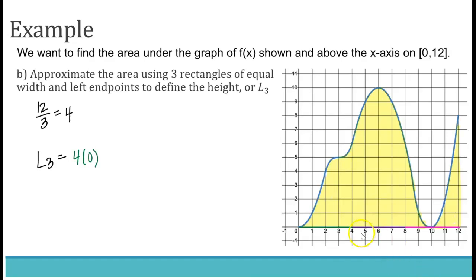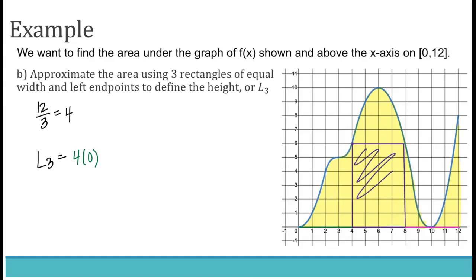Moving on to the next interval from 4 to 8, the left-hand side corresponds to the x value 4, so that's what we'll use to define the height. So we'll go up, we'll find the function, which is up here at the y value 6. So 6 will define the height over that entire interval from 4 to 8.